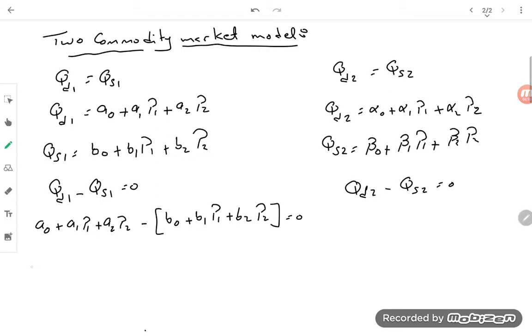So it will be A node minus B node plus A1 minus B1 times P1 plus A2 minus B2 times P2 equals 0.